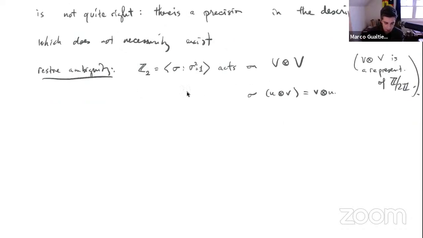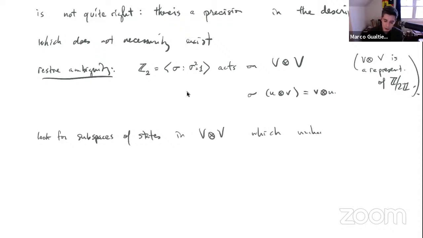Okay, and then we look for subspaces of states in V tensor V which are unchanged by sigma. These will be the identical twin states.